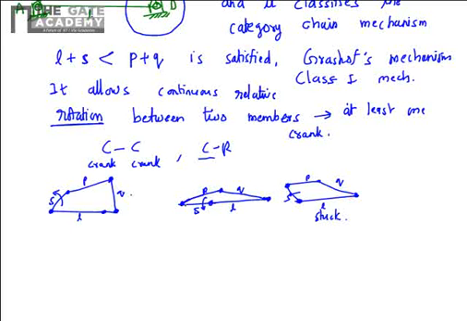In this case, you can clearly see from the law of the triangle that this is forming one triangle. In a triangle, the sum of any two sides, that is P plus Q, is greater than the third side. The third side is L plus S in this case. So S plus L is less than P plus Q. That is the condition being satisfied here, and full rotation is possible.